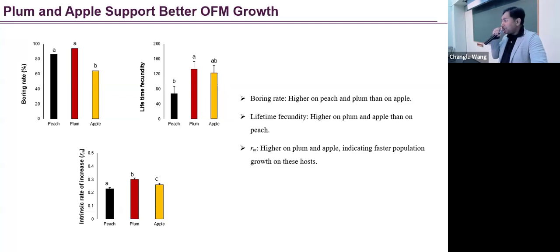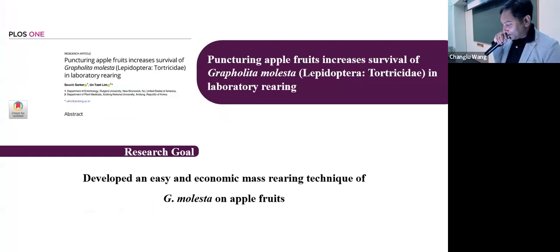So there's something that we can do to maximize their potential. Boring rate is lower, so that means if they go inside, maybe we can get better food for them. So what I did, I punctured that one. My next work was how to get them inside the fruit.